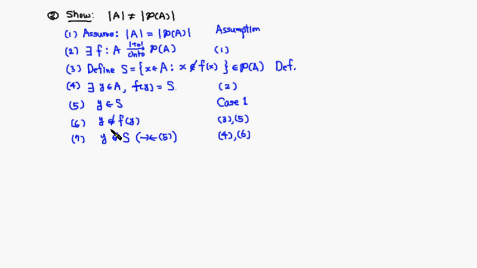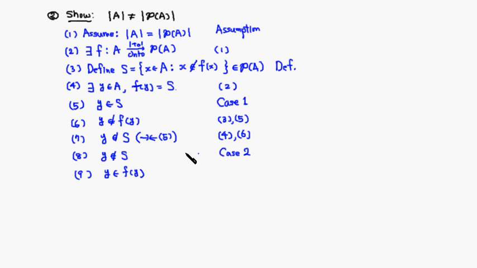What if y is not in S? That's the second case. Line 8: y is not in S. So this is case 2. In order to be in S, the element y cannot be in the image of itself. Since y is not in S, it's got to be that y is in the image of itself.